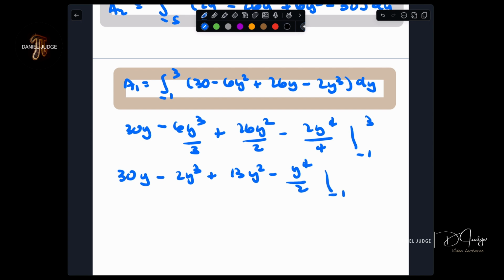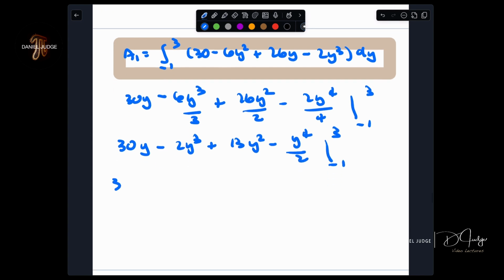Evaluate that from -1 to 3. So this will be 30 times 3 minus 2 times 3 cubed plus 13 times 3 squared minus 3 to the 4th over 2.